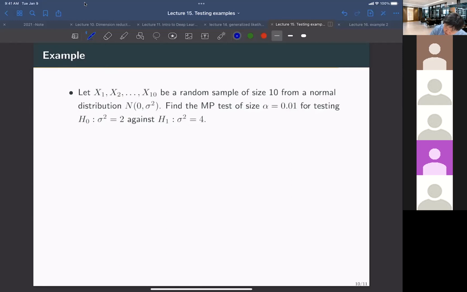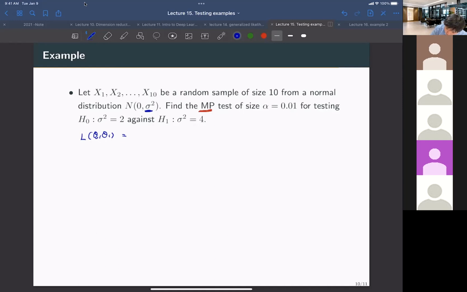Okay, so again, you have an MP test, so you automatically consider the likelihood ratio for theta 0 and theta 1. We only consider the sigma square, and the mean part is known.